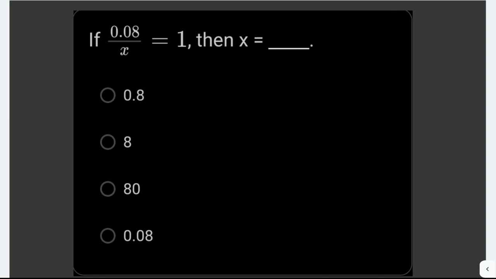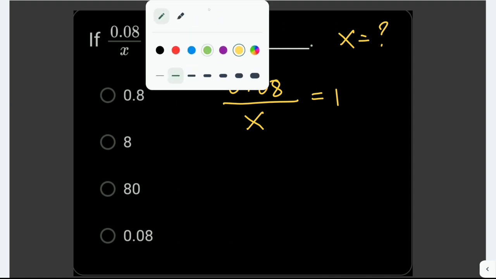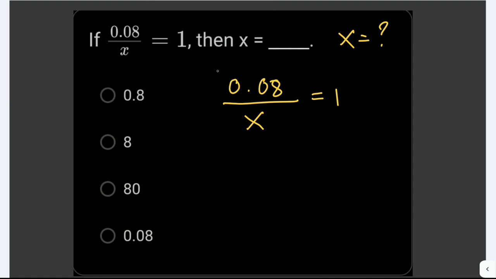If 0.08 over x equals 1, then x equals blank. So we're given this expression and we need to solve for the value of x. Let me rewrite that here: 0.08 over x equals 1. To solve this, we can multiply both sides of the equation by x.